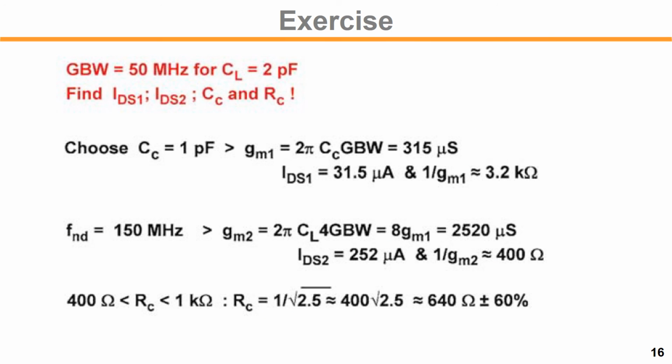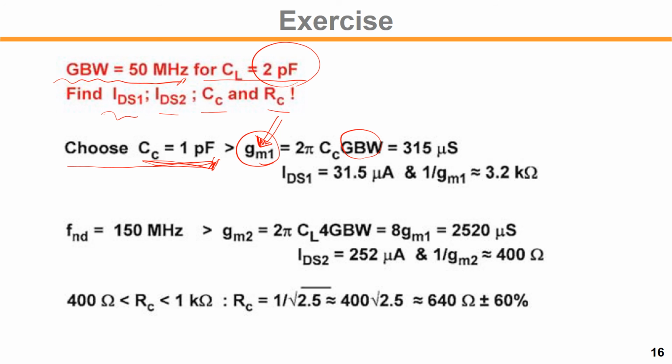This is the example or exercise. For example, if our target GBW, FU is 50 megahertz for a load capacitance of 2 picofarad, then let's design the current level and the compensation capacitance CC. So we would like to choose the compensation capacitance, just half of the load capacitance, for example. Then since we know GBW, we can choose the amount of GM1 required.